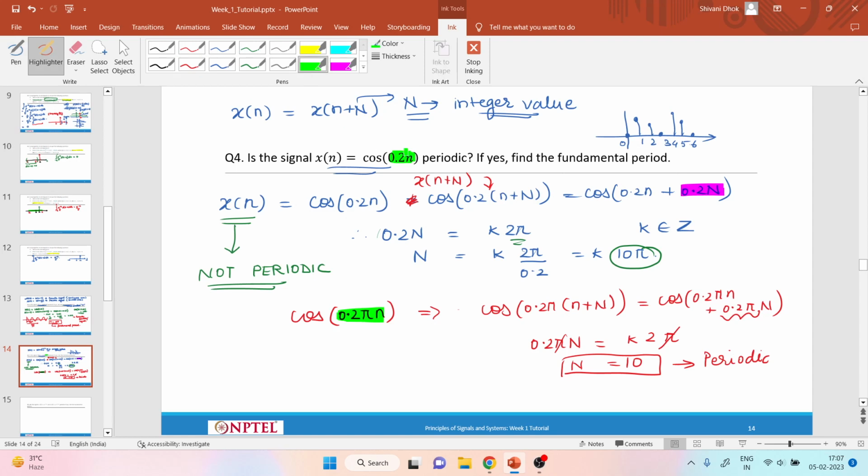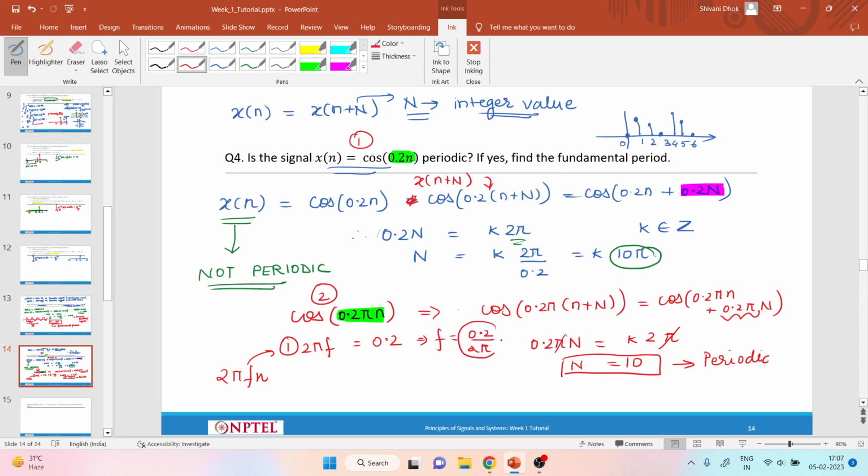So if you look at these factors, it is 0.2n and 0.2 pi n. There is a difference of a pi factor in both of these. So if you look at the frequency and compare it with the factor 2 pi f n, for the first case, 2 pi f is equal to 0.2, that is f is equal to 0.2 by 2 pi.